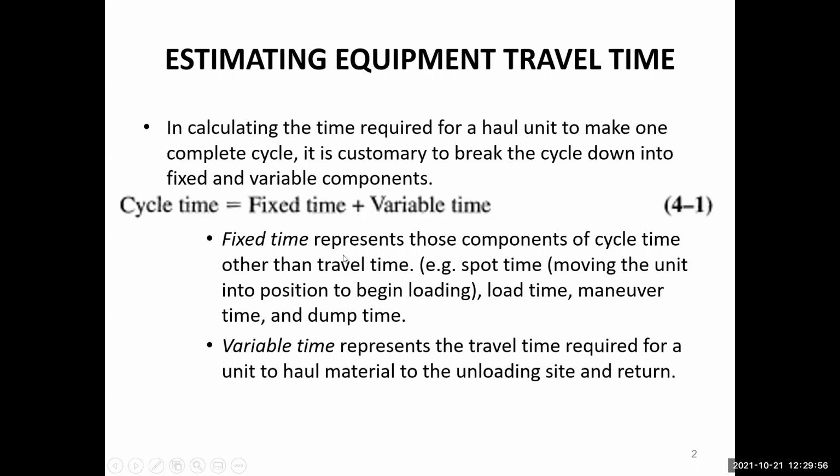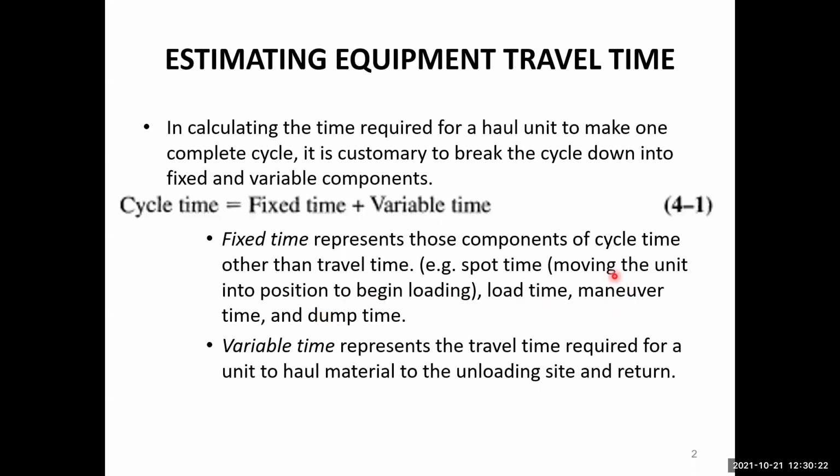Fixed time represents those components of cycle time other than travel time, for example, spot time, that is moving the unit into position to begin loading, load time, maneuver time, and dump time.